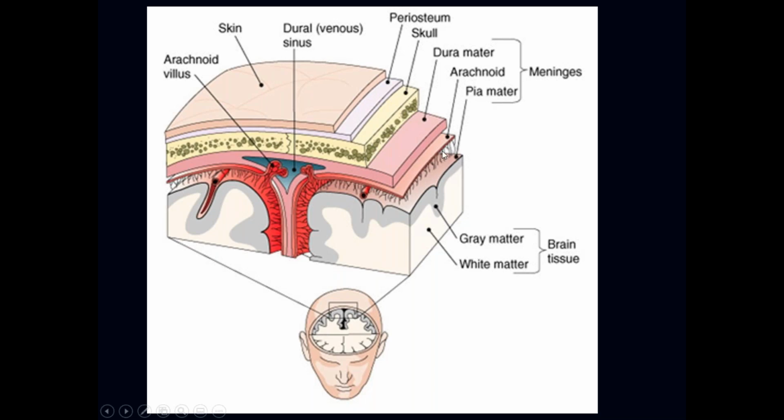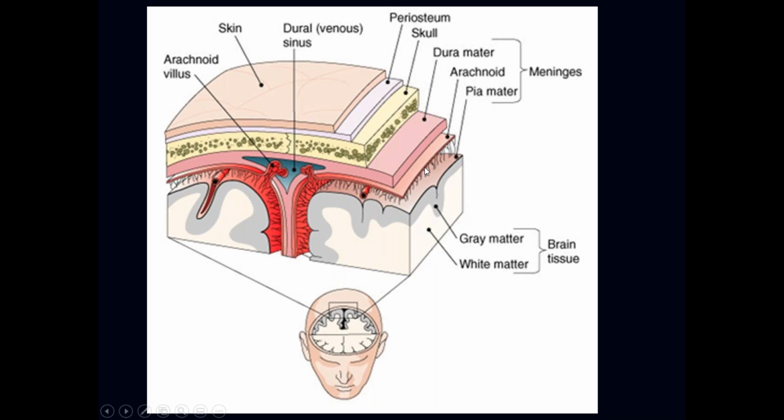But in between the pia mater and the arachnoid membrane, there is a space. Can you see this space? This space is the subarachnoid space. That's why it's called subarachnoid space, because it's under the arachnoid membrane.